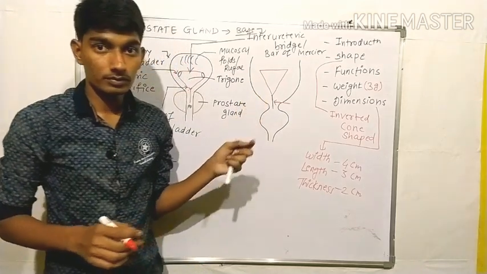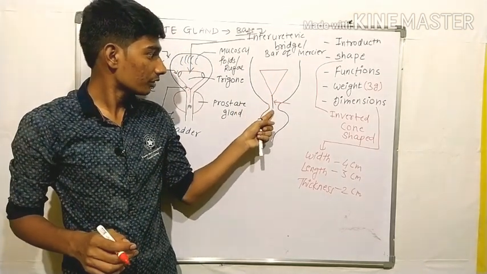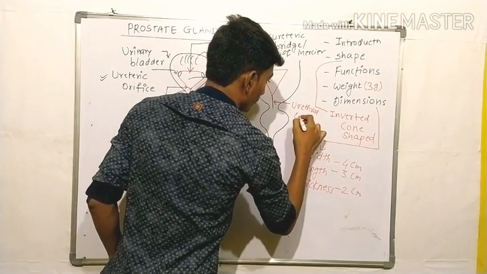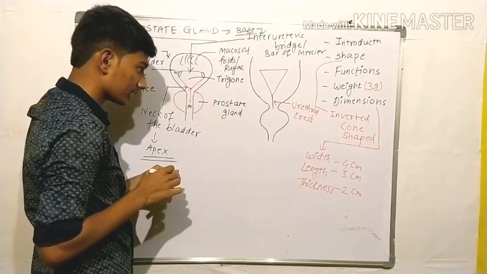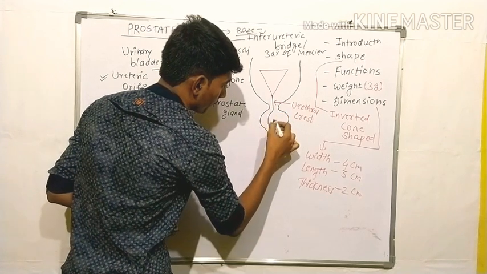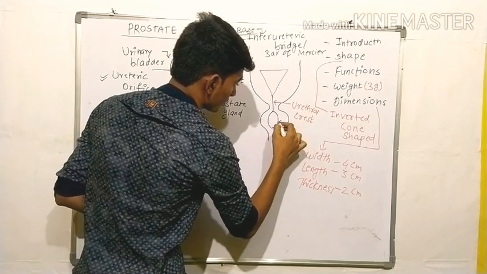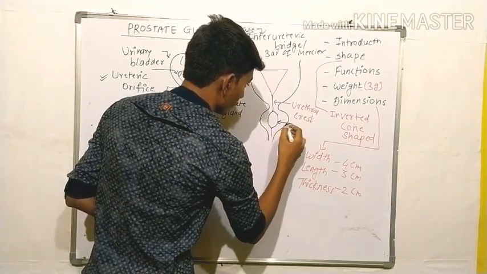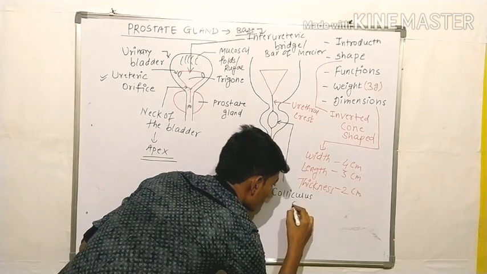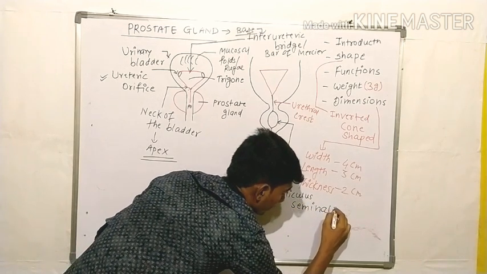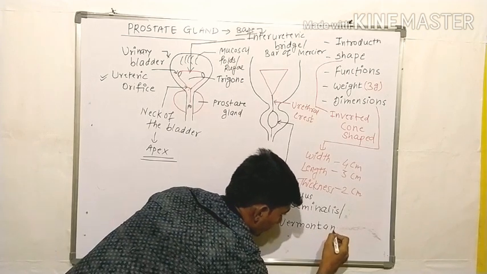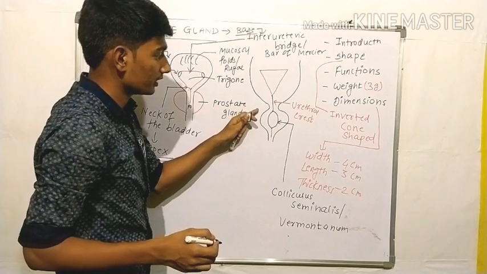Now this trigone gives extension into the prostatic urethra, and this extension is known as urethral crest, which further gives extension to form colliculus seminalis or verumontanum.